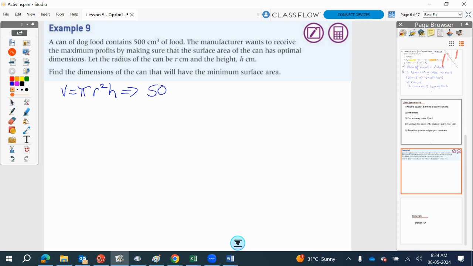So 500 is equal to pi r squared h. That's all the numbers that we have so far. We are after the radius and the height. So these are unknown to us. How do we solve this? We can't. So we go back to our formula sheet.